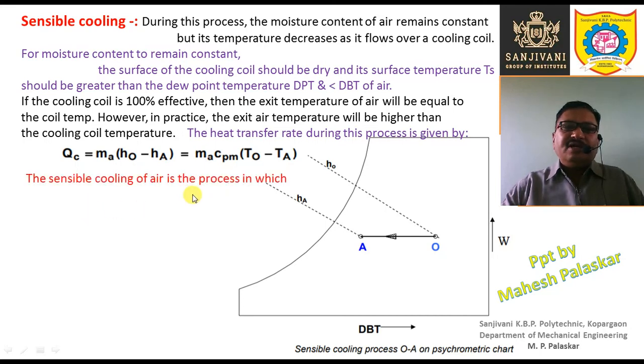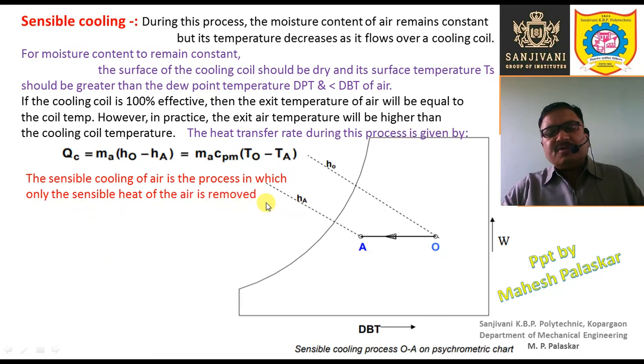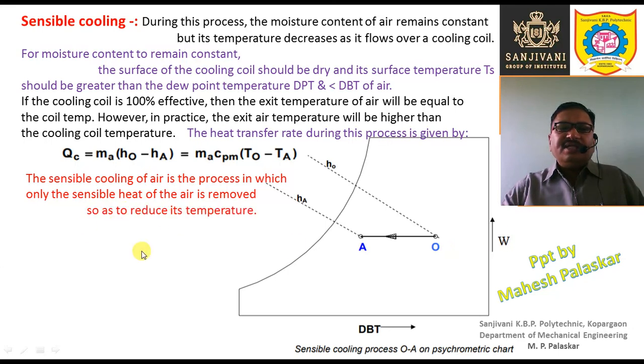The sensible cooling of air is the process in which only the sensible heat of the air is removed. Latent heat is not removed, right. Therefore the specific humidity remains constant. Only the temperature is reduced, that is the dry bulb temperature is reduced.